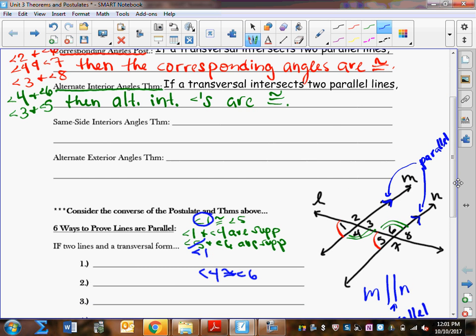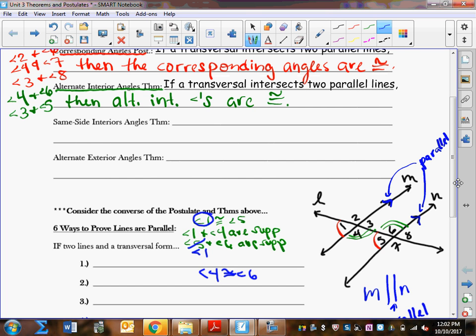Emma? When you're writing your proofs, do you have to show the step where you're substituting angle 5 for angle 1, or can you just go straight into saying angle 4 is congruent or supplementary to angle 6? Technically, we should have a little step beforehand, but once you've identified them as congruent, you're good to go ahead and substitute it.